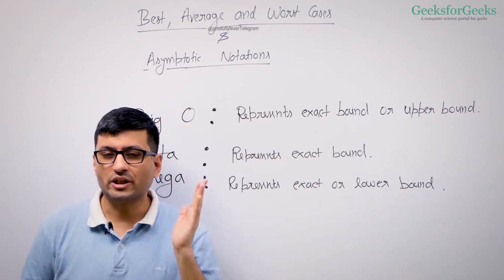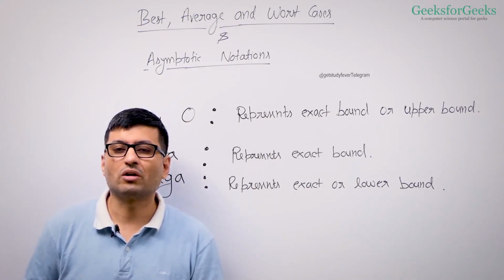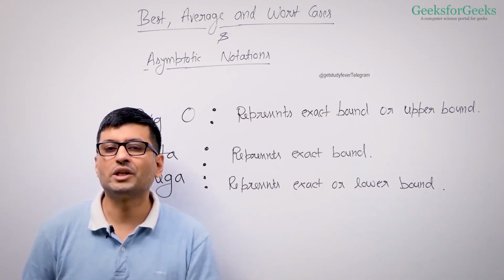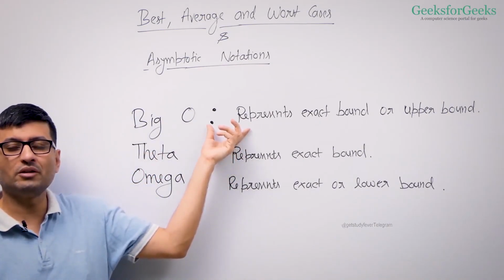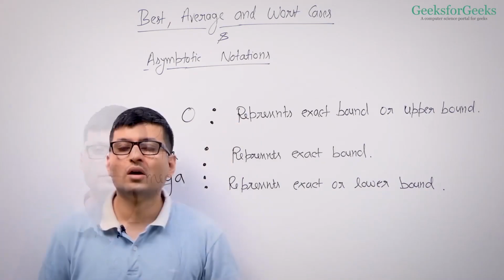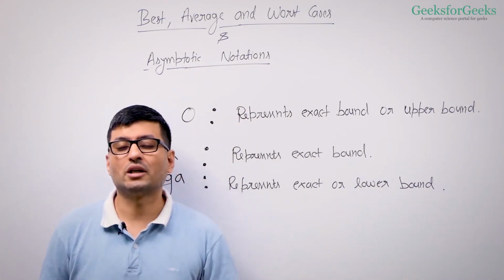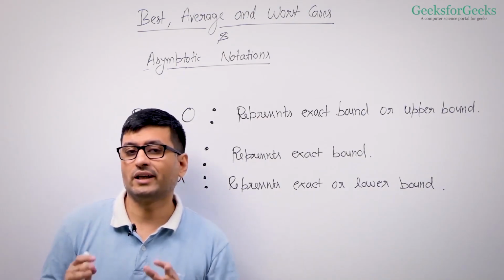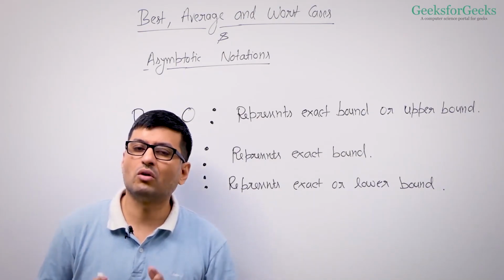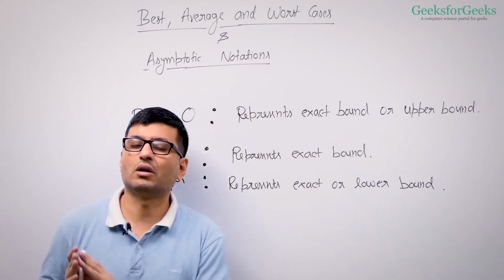We can put either exact value if we know it, or if we do know an upper bound, we can put an upper bound. I'll talk about this notation in detail in a separate video. Omega notation is opposite of big O notation. It is used to represent exact or lower bound on order of growth of an algorithm.